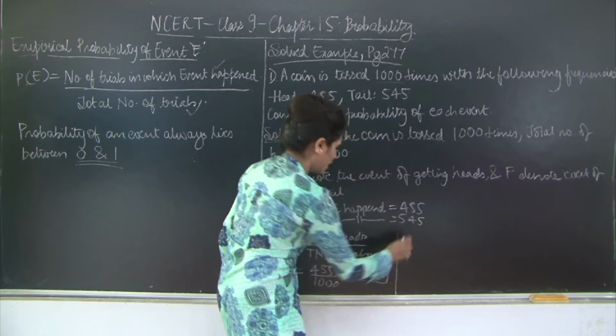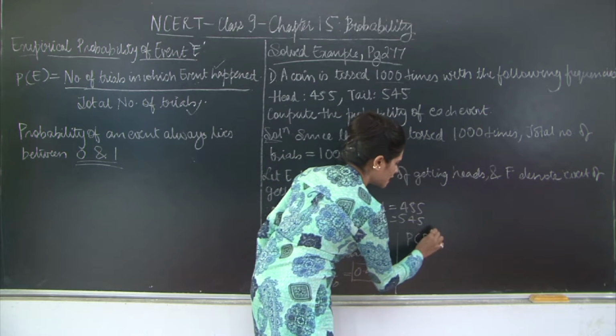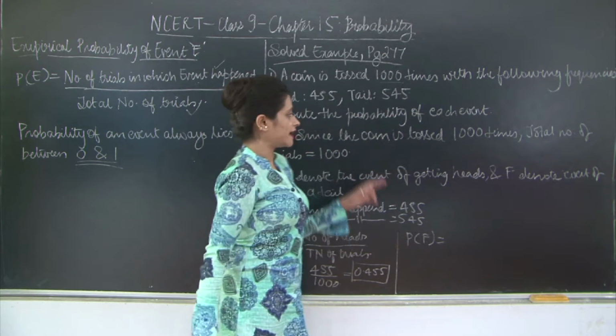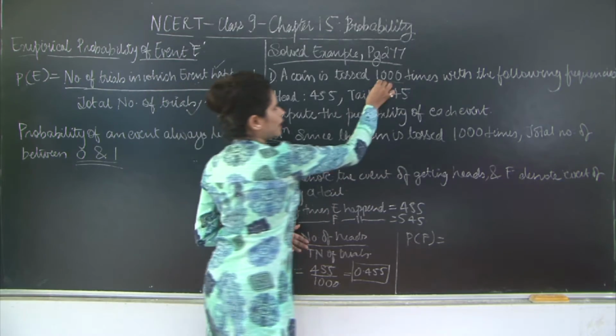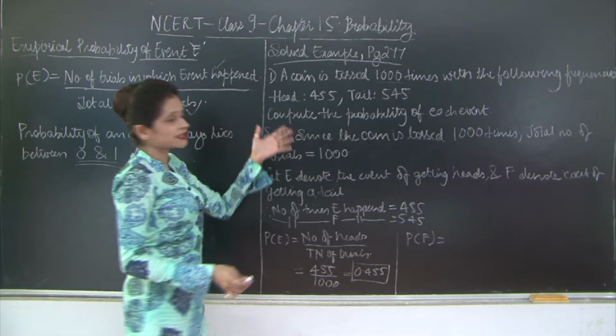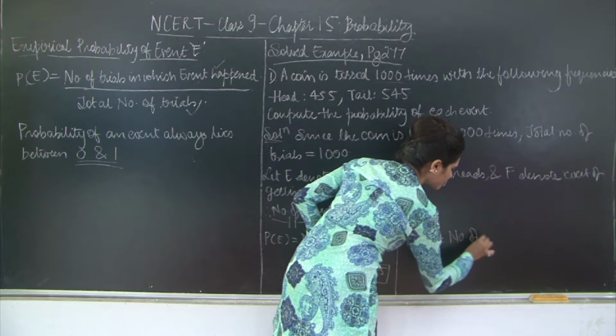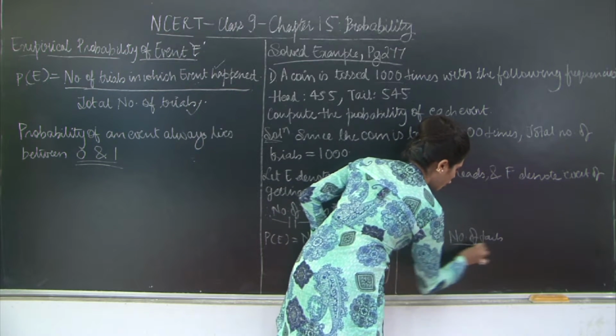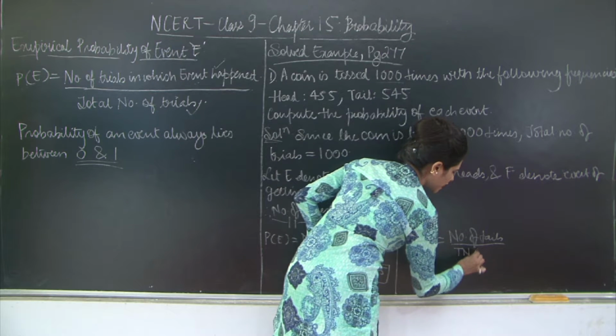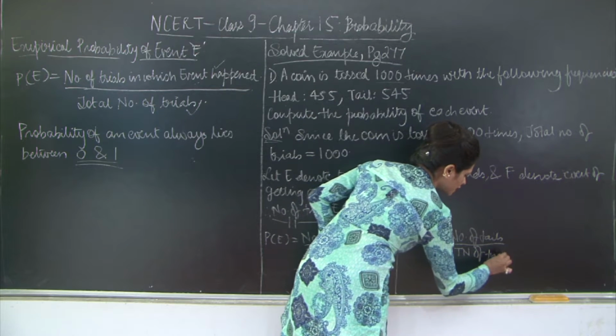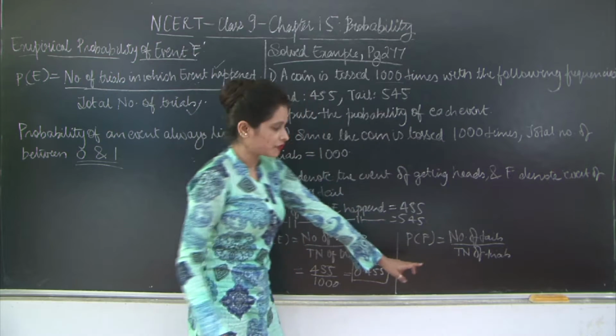Similarly, P(F), that is the empirical probability for getting tails when the coin is tossed 1000 times, is going to be number of tails upon total number of trials, Tn. Please make sure that you are writing the full form and not Tn.